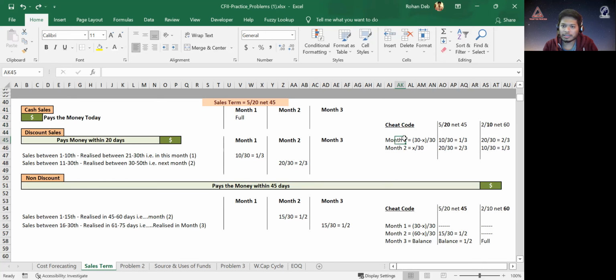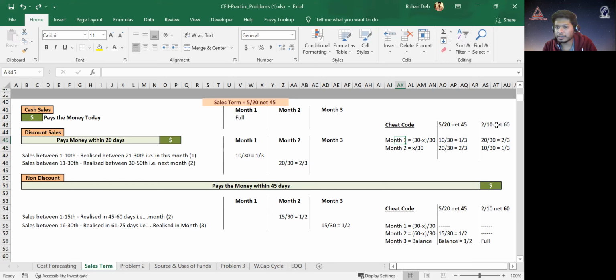So what this says is, take 5 by 20 net 45, and take this 20 part. For the discount sale, take this 20 part: 30 minus 20 by 30 is what you'll get in the first month, which is 10 by 30, and the remaining part, 20 by 30, is 2 by 3.